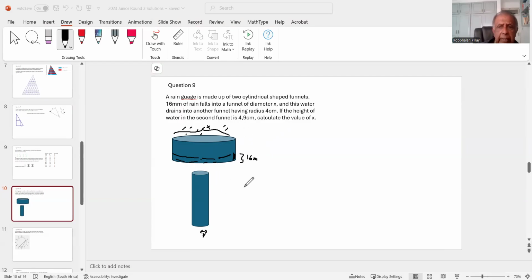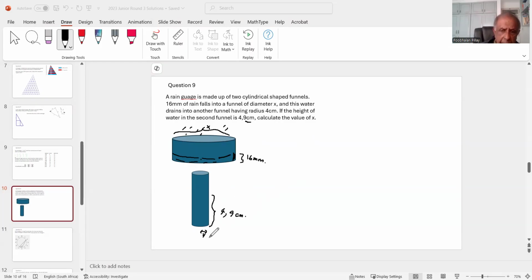If the height of the water in the second funnel is 4.9 centimeters, this is 16 millimeters here. So the units are different, 16 millimeters, and here you got centimeters. So one must be careful.